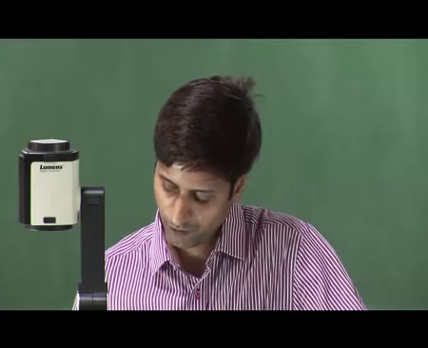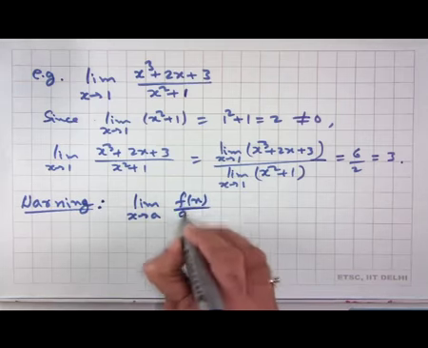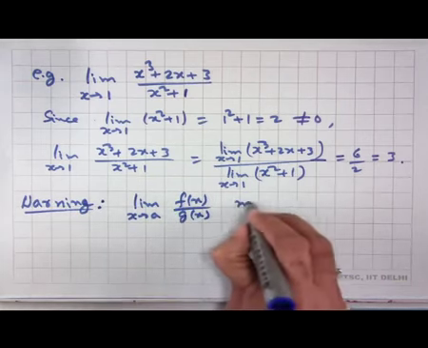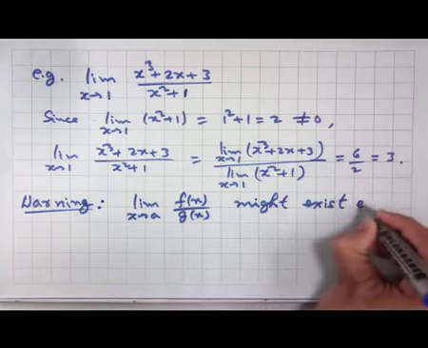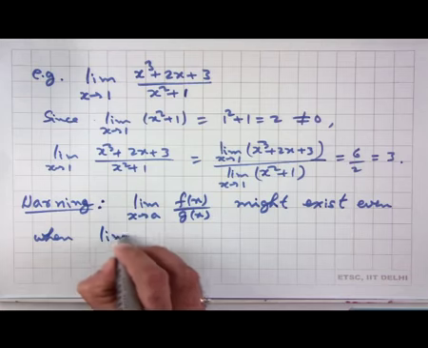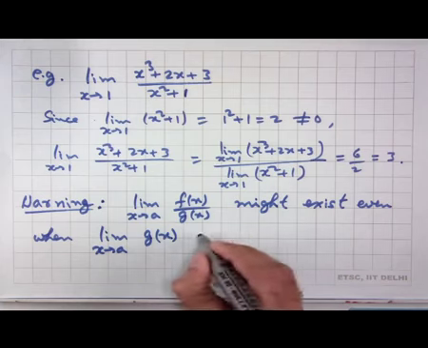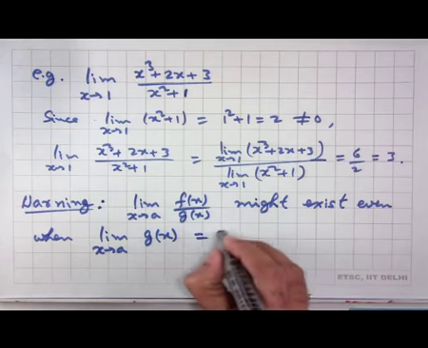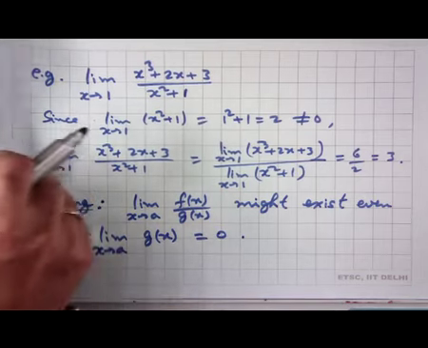So, the limit of f x by g x might exist even when the limit of g of x is equal to 0. In fact, we will see that most of the important examples will be when the limit of the denominator is actually equal to 0.